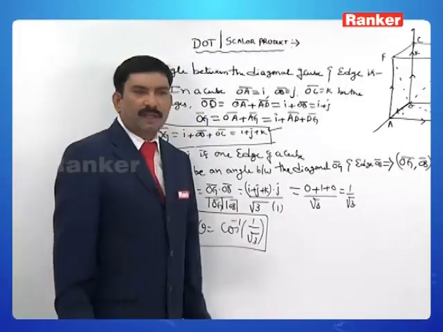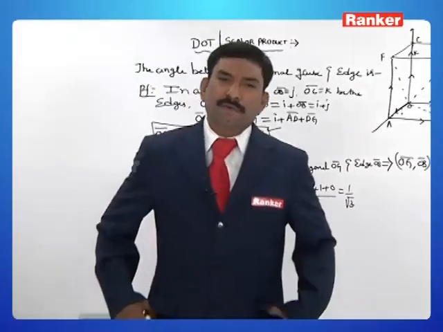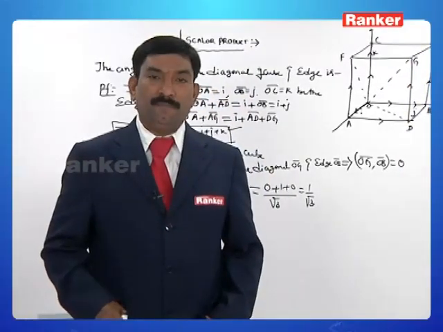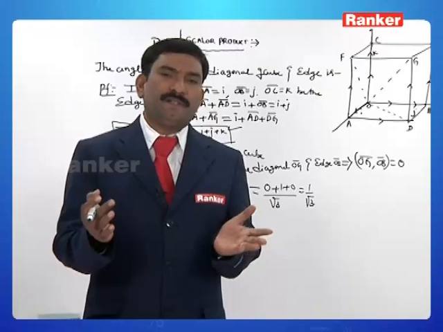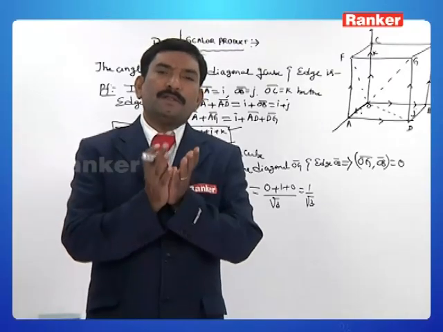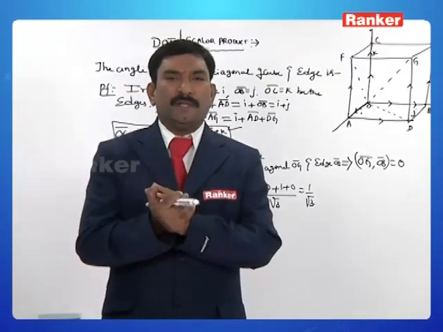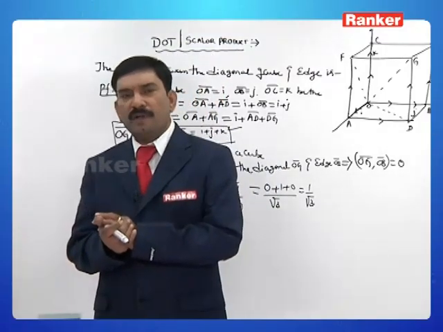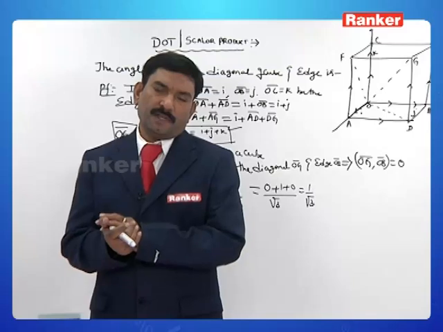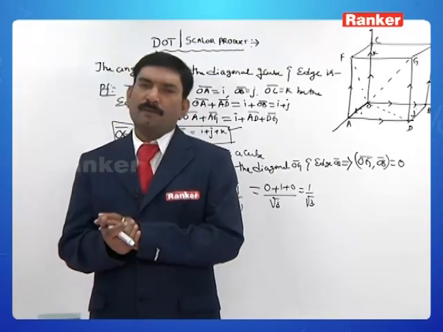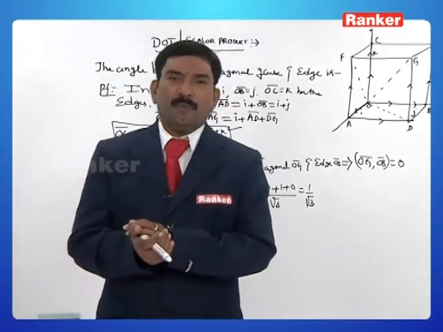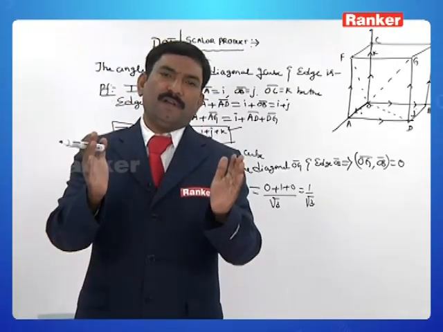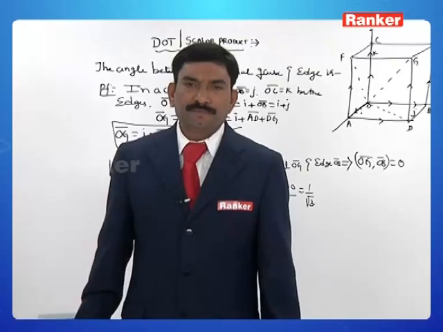This is the angle between the diagonal of a cube and an edge. Similarly, in the same fashion, you can also find the angle between the diagonal OZ bar and OC bar, and OZ bar and OA bar, because OA bar, OB bar, OC bar are the edges.